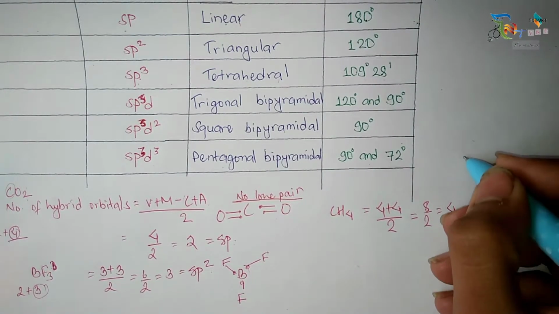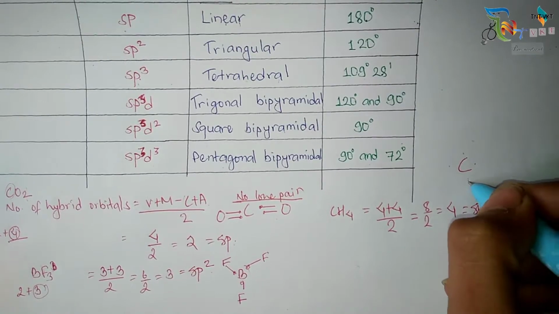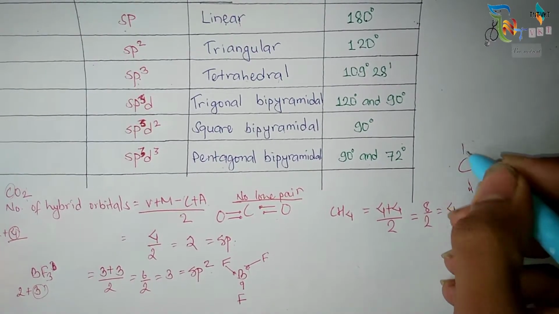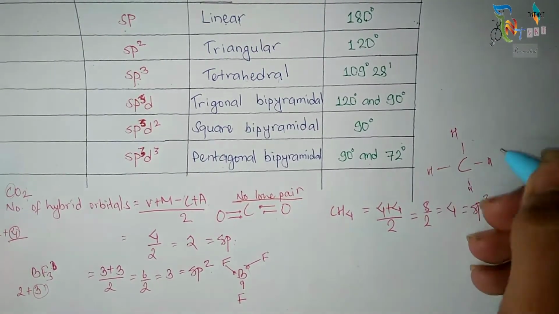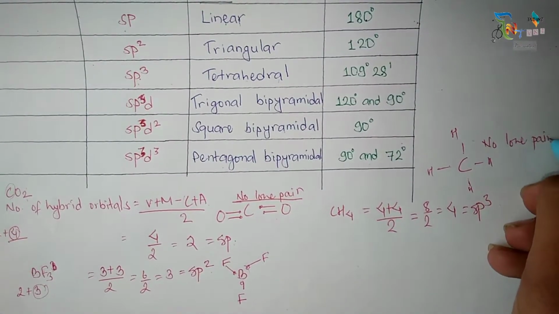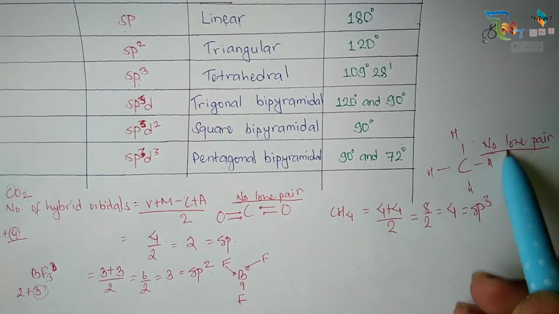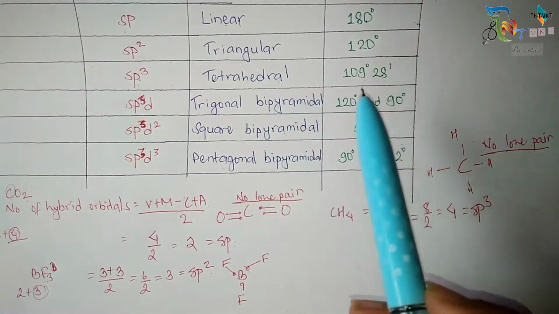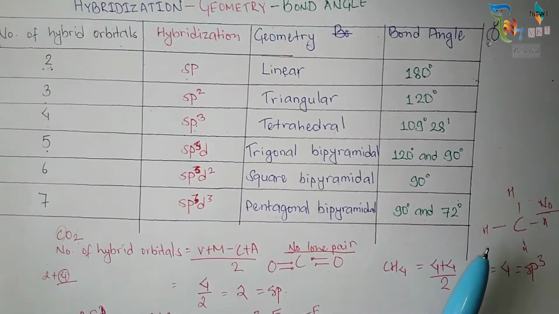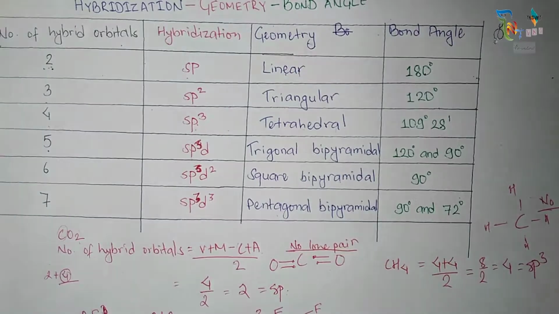In carbon there are 4 electrons and all 4 are used up in sharing with hydrogen, so no lone pair. In this way you can find the cases where there is no lone pair, using this diagram as discussed earlier.